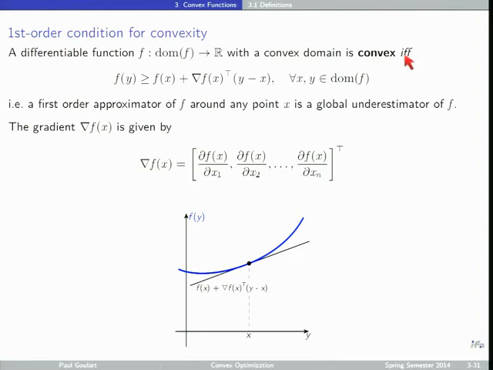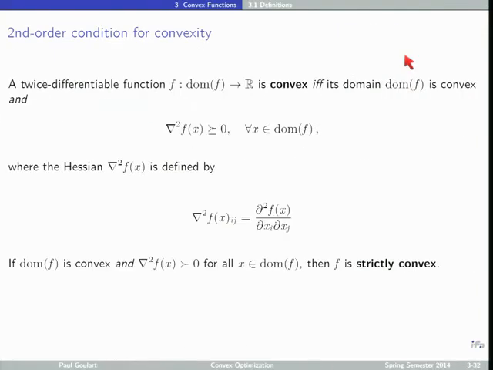And now I can also take a second order condition for convexity, which is that if I differentiate the function twice, I get a matrix if x is multivariate. If this matrix is positive semi-definite for every x, then the function is a convex function.